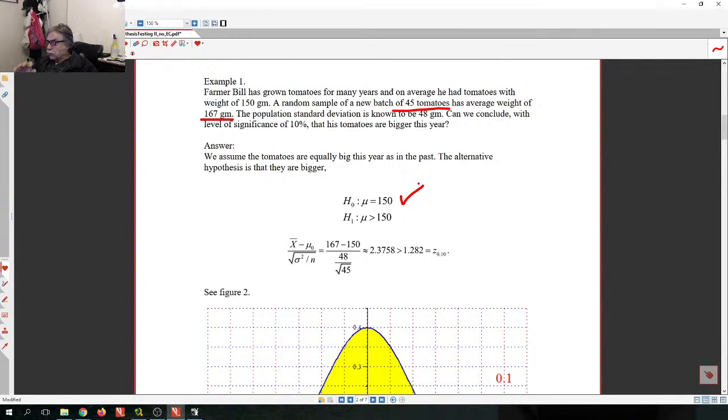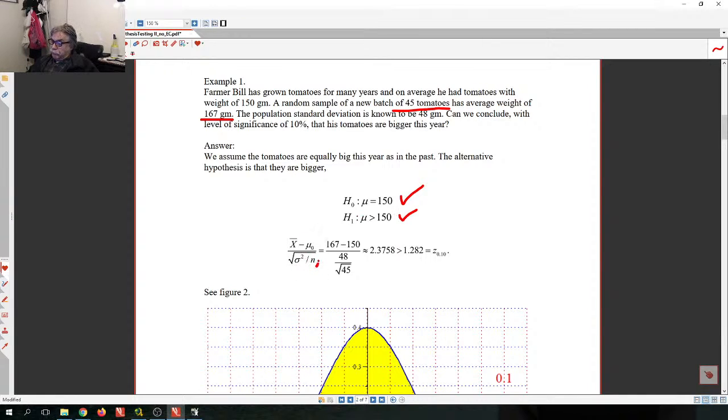Now the sample says it's more. So our alternative is, well, it is more, because we are asked, can we conclude that they are bigger than what it was before? So the null hypothesis is that it is as before. The alternative hypothesis, it is more now than it was before. Okay?